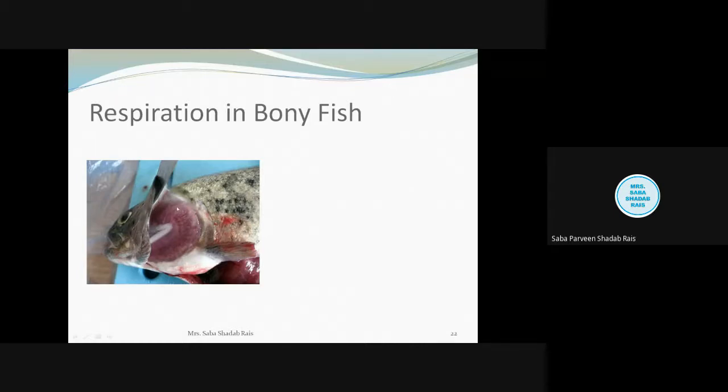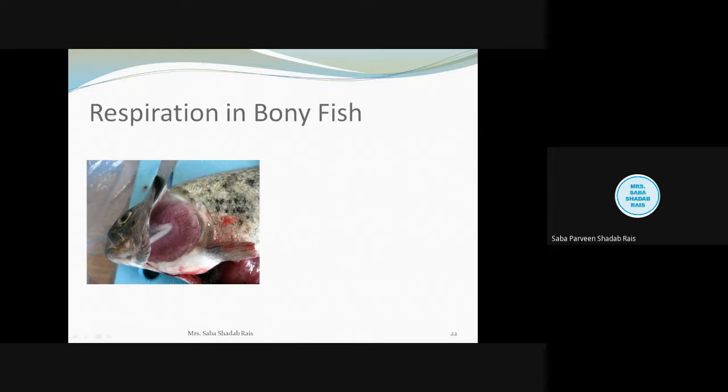When you bring a whole fish home, you might have observed something covering the gills, whereas in cartilaginous fish the gills are open. As I told you, we are going to learn the specific organ which has some modification, which is why we are learning the bony fish today.